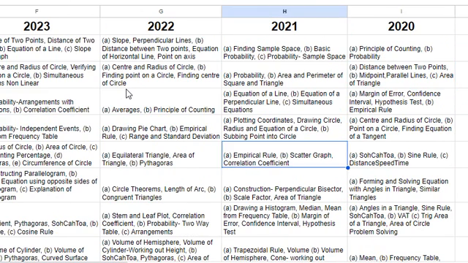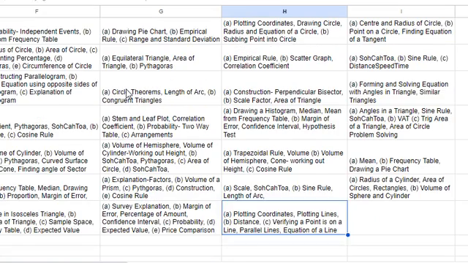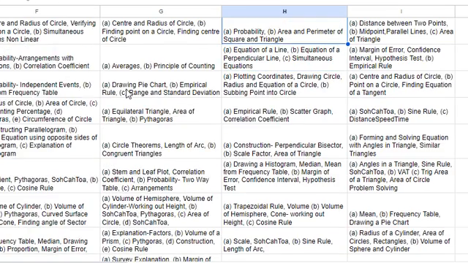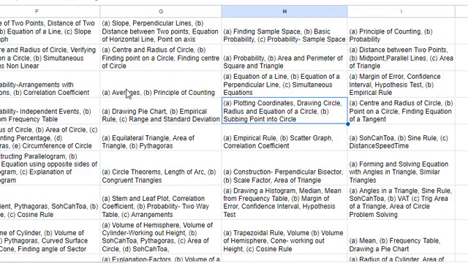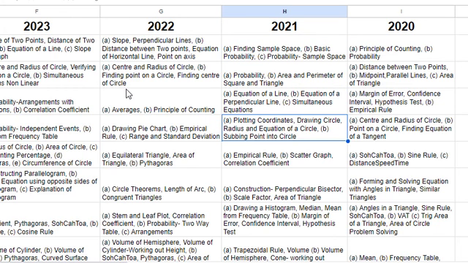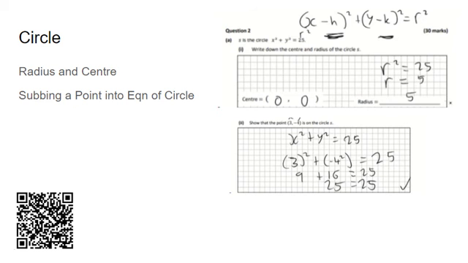Then question 4 in 2021, you had to actually draw a circle first, and then find the radius and the equation of a circle from that. So it's still using what I was just showing there, the centre and the radius. And then it was question 4 in 2020 as well, so finding the centre and the radius. So you see there, it's coming up every year.